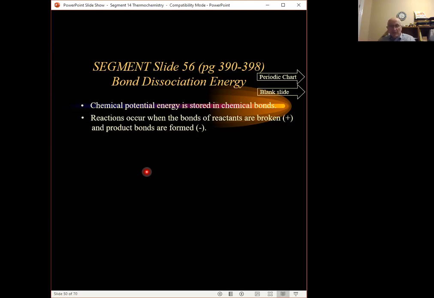Now, one of those sides might be larger than the other one. If it takes more energy to break the bonds than you get back in forming them, the reaction is going to be endothermic. But if the product bonds are more energetic and you get more energy back in forming the products than you had in the reactants, then the reaction will be exothermic.